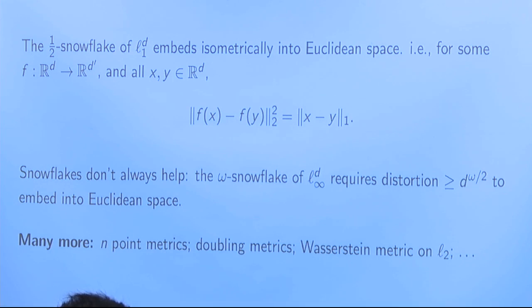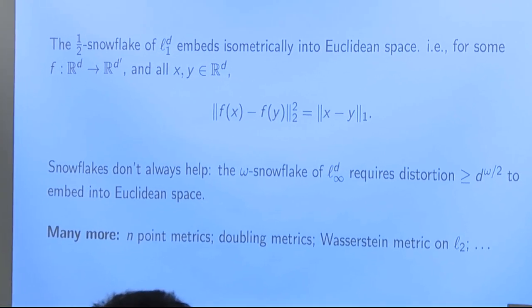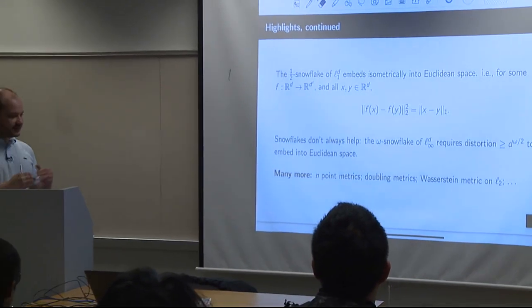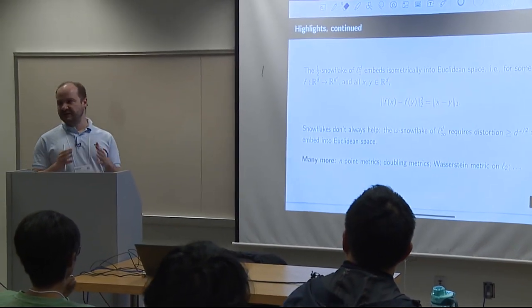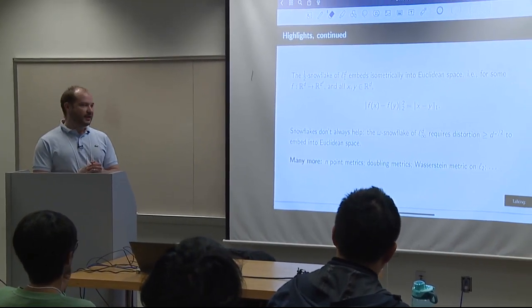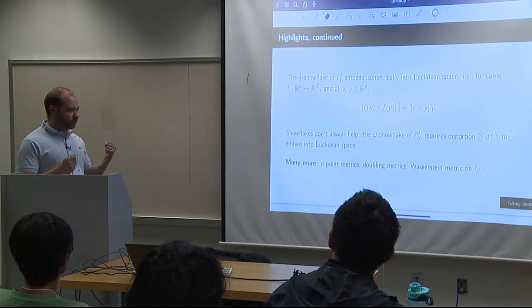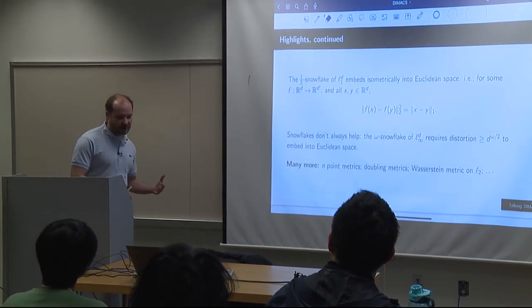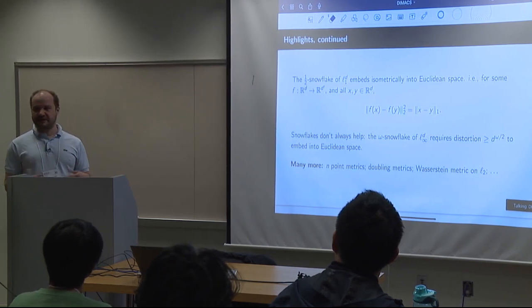Good. For now, here's the question I'm interested in. Let's say I restrict my attention to d-dimensional norms, and I want some tool that allows me to reduce working with d-dimensional norms to working with something that I understand better, like Euclidean space.